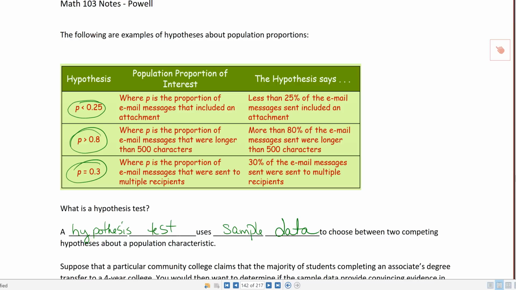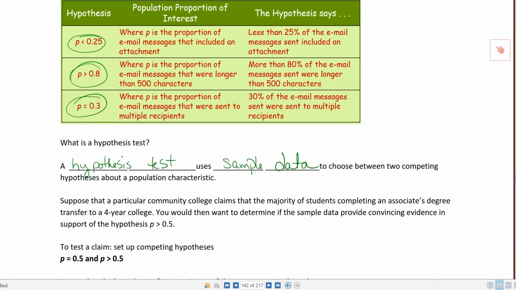So if your hypothesis is that 30% of the email messages sent were sent to multiple recipients, then we could have a competing hypothesis that said it's not 30% of the email messages sent were sent to multiple recipients. Okay. So it's just two different claims that are competing with each other. They're opposites of each other in a sense, about a population characteristic.